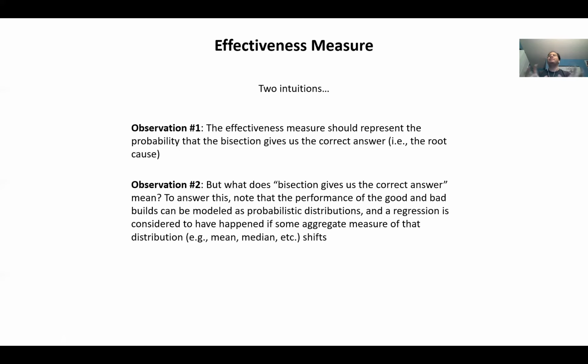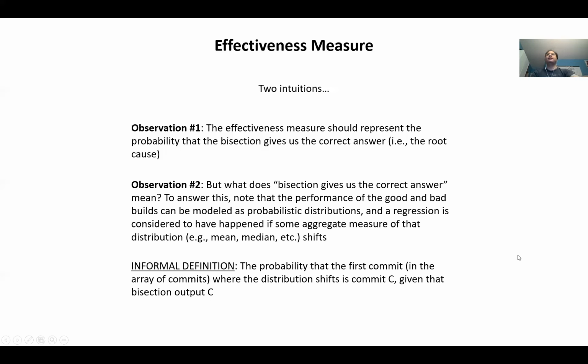It doesn't even matter what kind of distribution it is at this point; the only thing we care about is that it's some sort of distribution. A regression is considered to have happened if some aggregate measure of that distribution shifted in some way. Let's say the mean or the median increased. That's the definition we have when we say that the regression has happened.